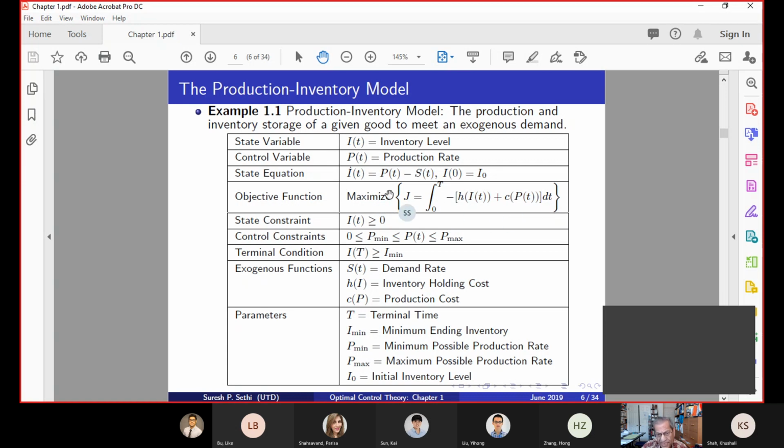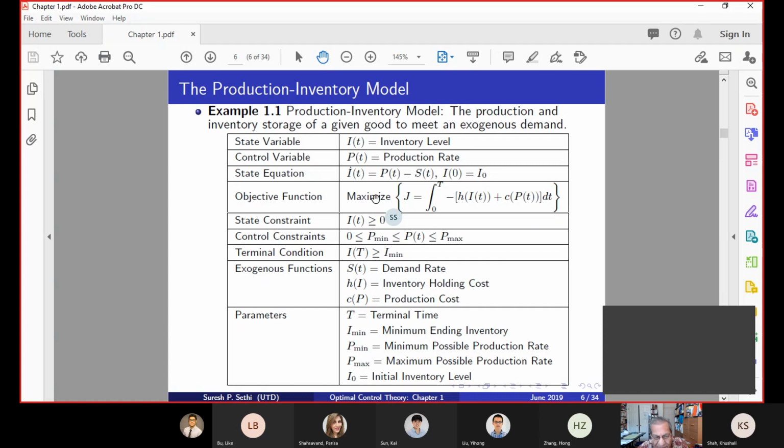The reason I'm doing it is because some books developed the theory on the minimization problem, and some books developed the theory on the maximization problem. They are equivalent. So I'm going to develop most of the theory on the maximization problem. If I have a cost minimization problem, I will just put in a minus and maximize it.